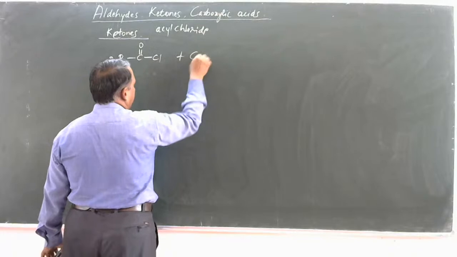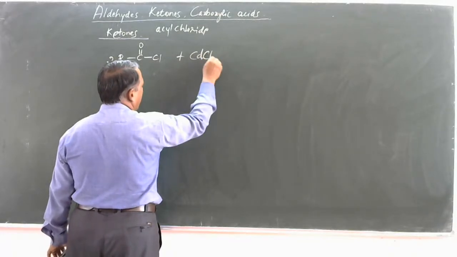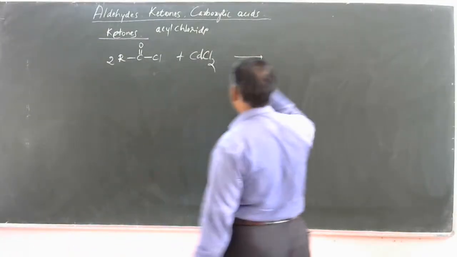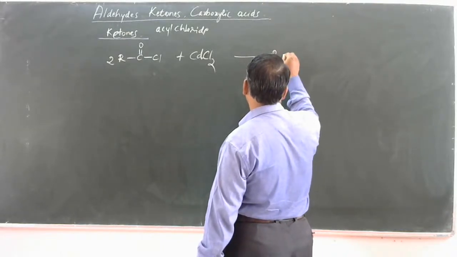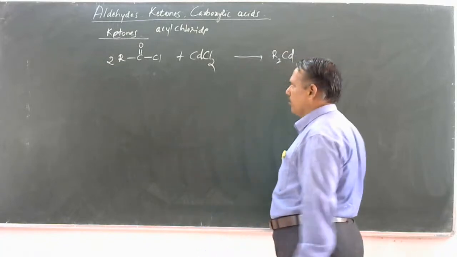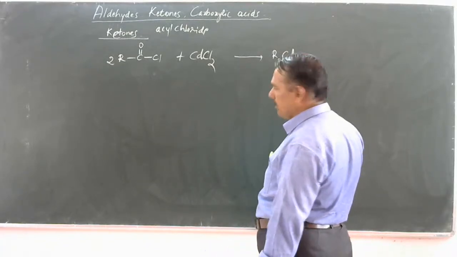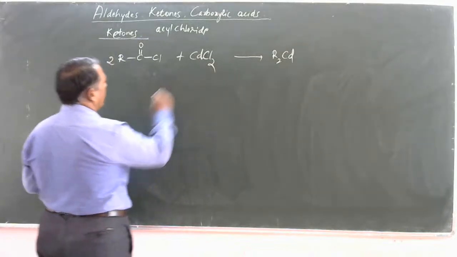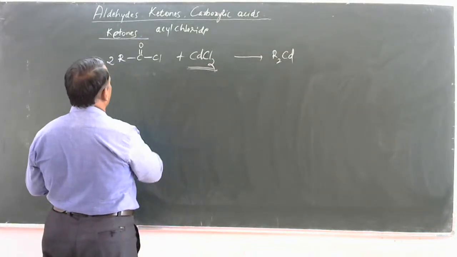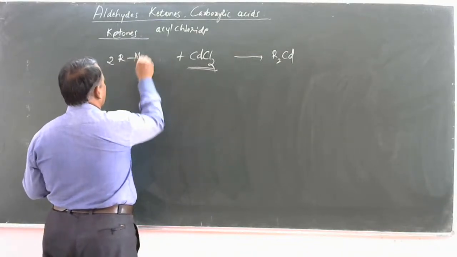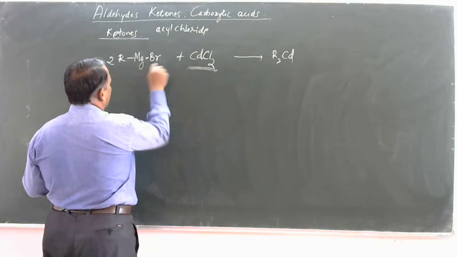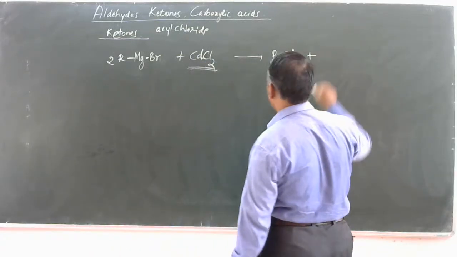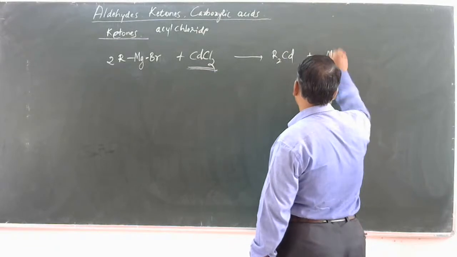When this is treated with cadmium chloride, CdCl2, we will get R2Cd, which is nothing but dialkyl cadmium, in the presence of, say, magnesium bromide. That is, 2 RMgBr, a Grignard reagent, gives R2Cd plus MgBrCl.